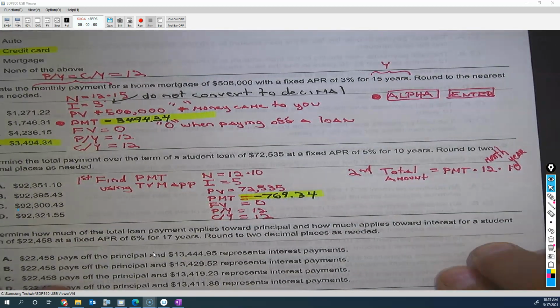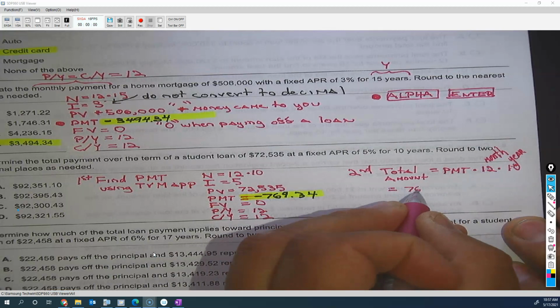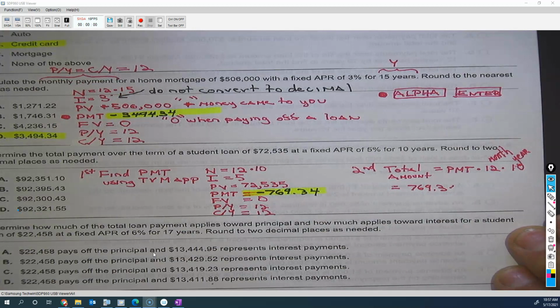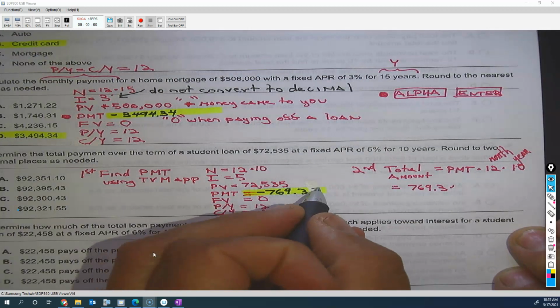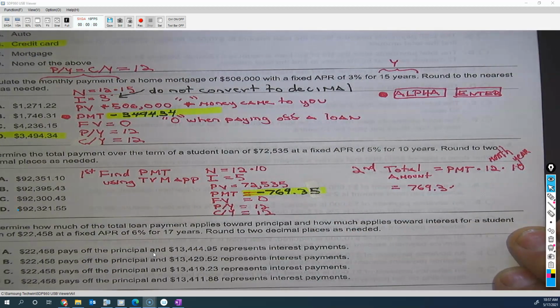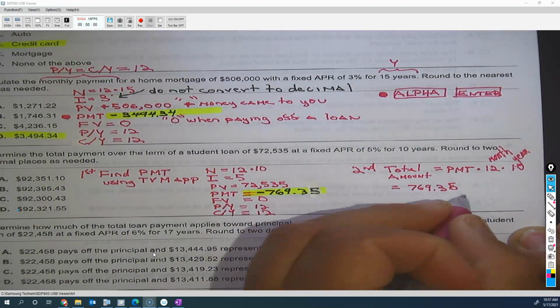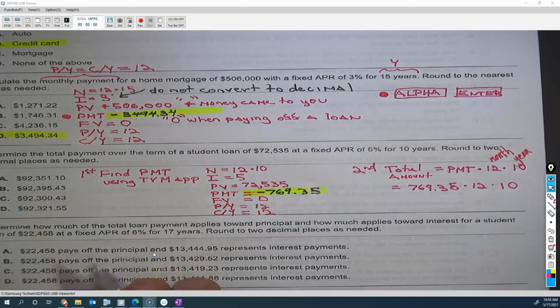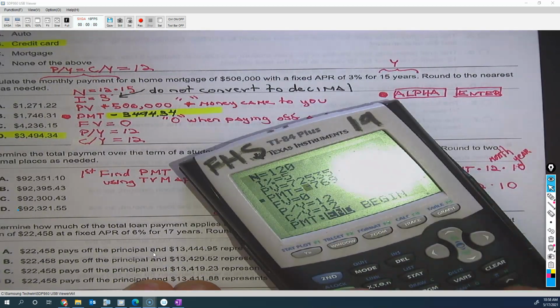Okay, then I'm going to take that amount. That should be 35 when we round it. Okay. So I go, let's see, second quit, clear it.